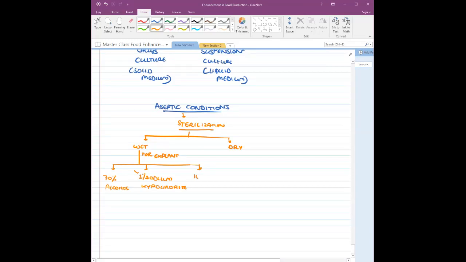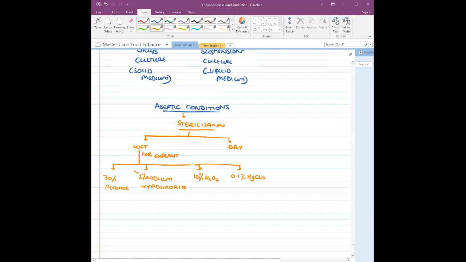Or else we have 10% H2O2, hydrogen peroxide. So we can use this as well. Guys, if you still don't want to use this, we still have another. Sometimes you can use HgCl2 as well, 0.1% HgCl2.